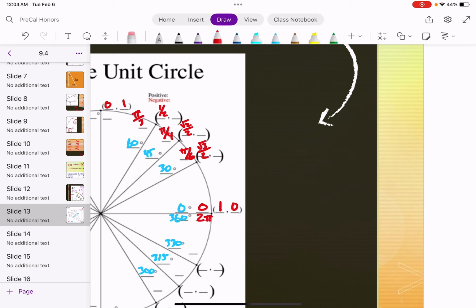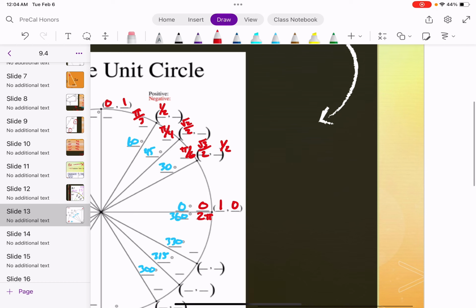Now what we've done here is the same exact value that will work with y's on the way back up. So this would be 1/2, square root of 2 over 2, and the square root of 3 over 2.